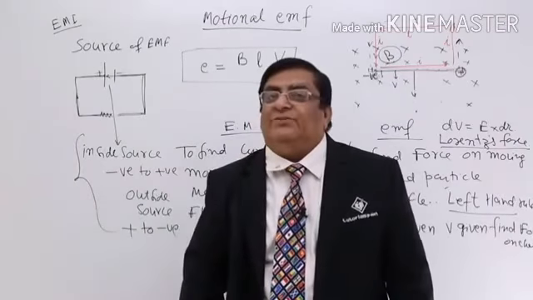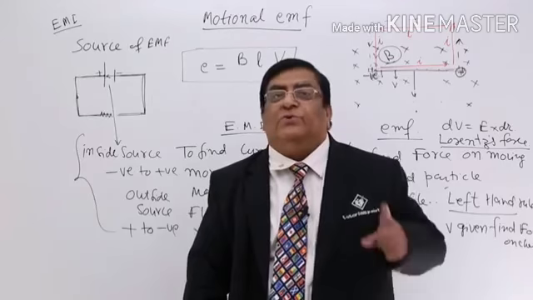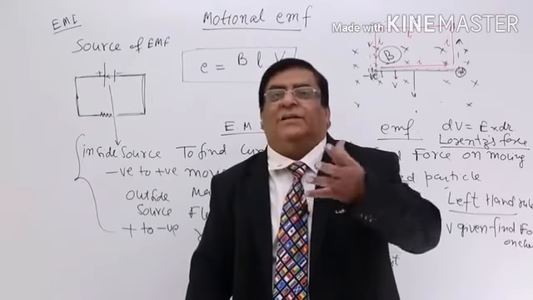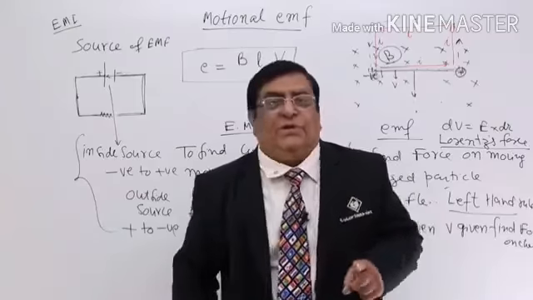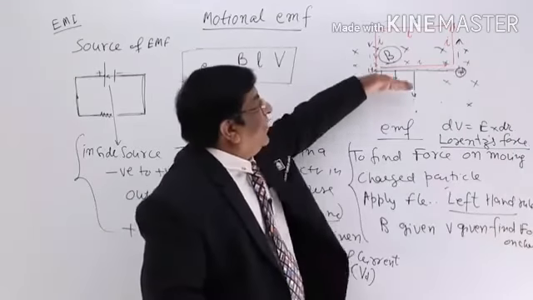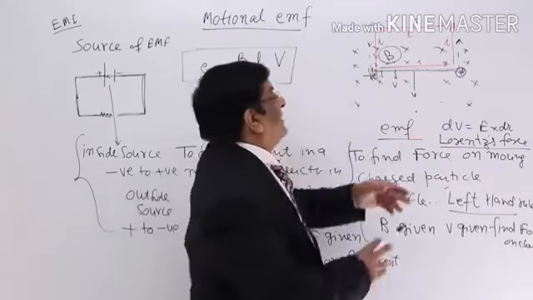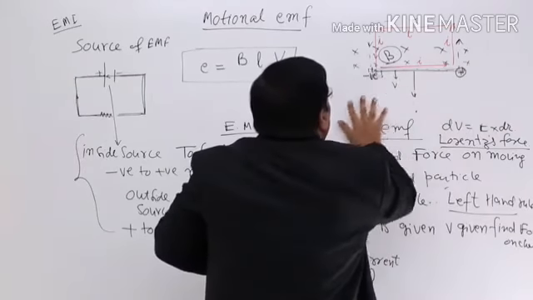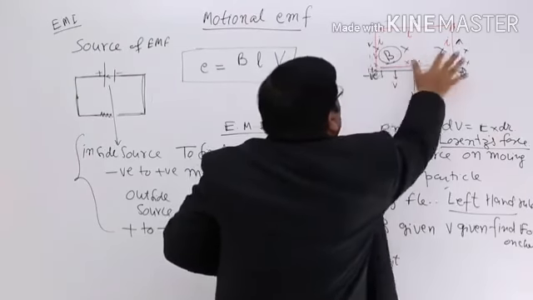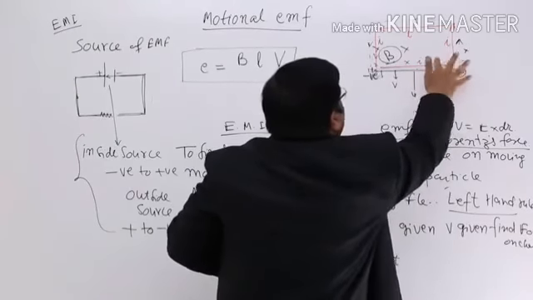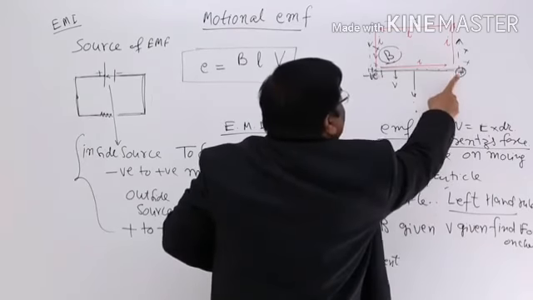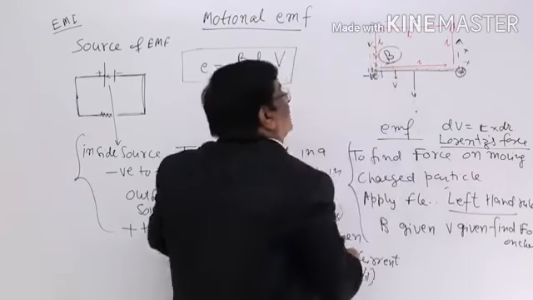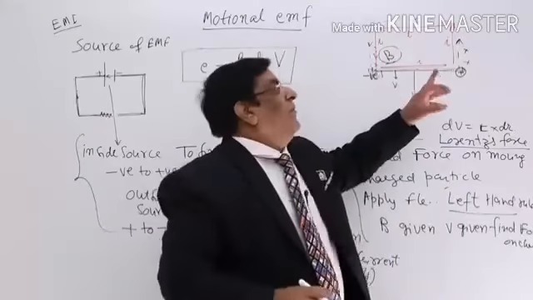What is inside the source? Who is the source? Who is giving energy and power to the charges? That is the source. Now, when this rod is falling down in the magnetic field, then there is a force on the charges, and all the positive charges have gone to this corner, negative charges to this corner, and we are asking what is the polarity of current.